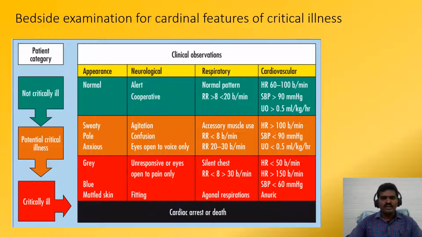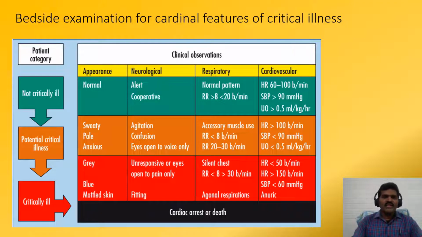Mainly, if you look at four clinical observations, you can divide these patients into non-critically ill, potentially critically ill, and critically ill patients. Look at the appearance, how the patient is appearing. Is the patient appearing normal, like us, fully conscious, oriented, but he has some complaint? That is normal appearance.